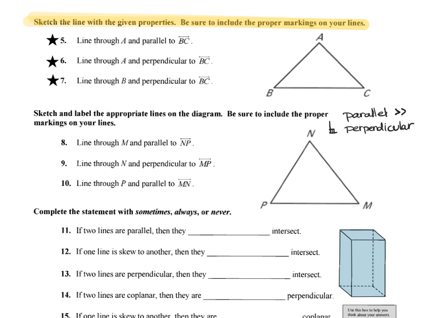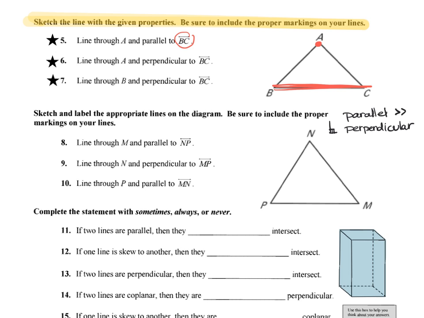The first question says, line through A and parallel to BC. So I like to put a point on A, and then I like to draw my BC, and I know that I have to go through this point right here, but I also have to be parallel to this.